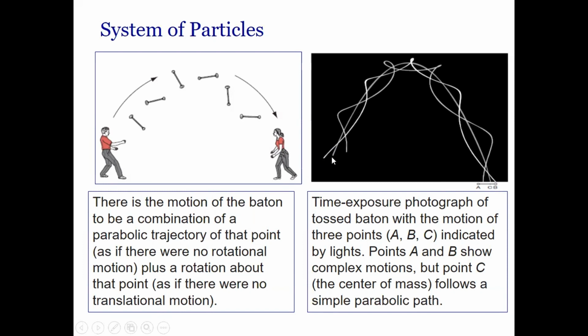You can see that the center of mass C is following a simple parabolic path, which indicates that the center of mass is behaving as if the whole mass is concentrated at that point, and it is the sole representative of the system. So experimentally, we see that the thought about the center of mass is true.